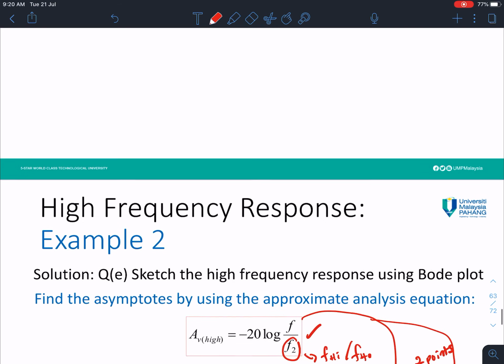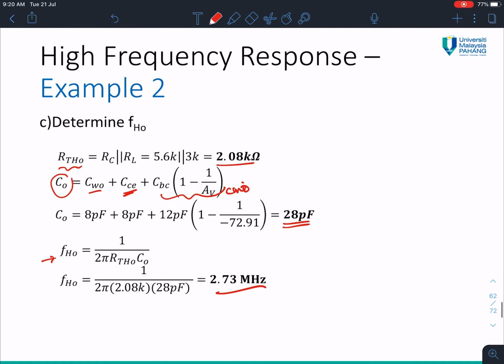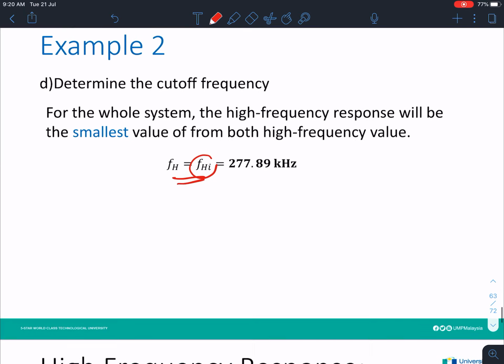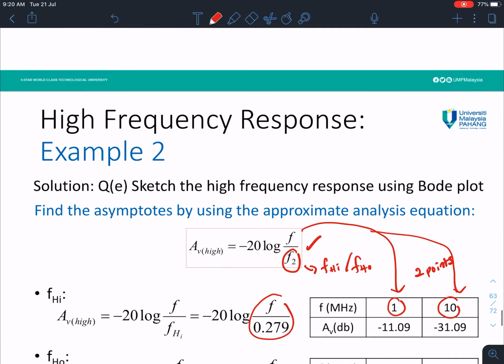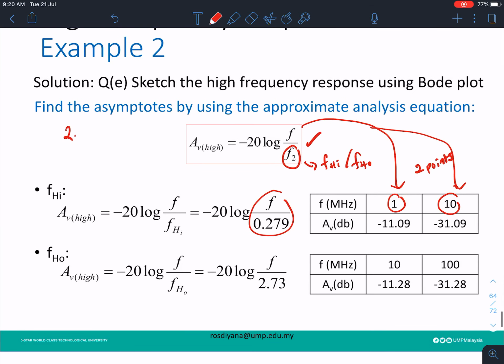We get the frequency as 277.89 kilohertz, which equals 0.279 megahertz.